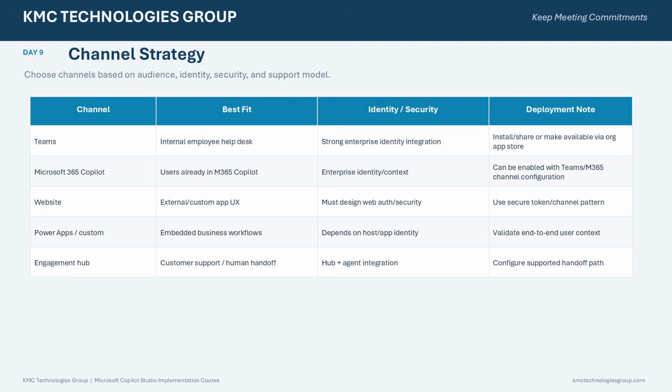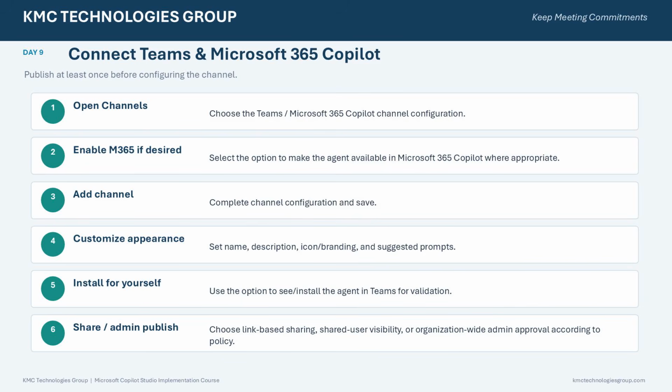Teams and Microsoft 365 Discovery may require additional tenant or administrator approval, and underlying flows, connections, permissions, and identity configuration must all work at runtime. A real production smoke test should use a real end user, a real channel, a real identity, and a safe real tool transaction.